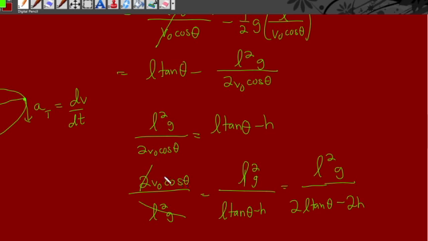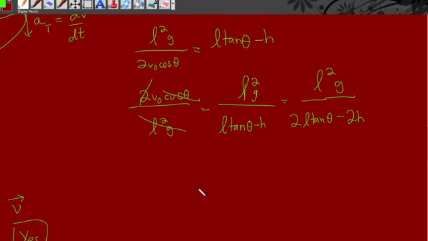And if we want to divide both sides by cosine theta, we get that V naught is equal to L squared G over 2L tan theta over cosine theta minus 2H over cosine theta.